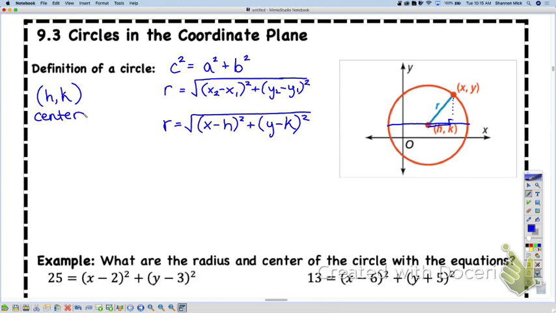And from here on out, anything I introduce to you, next year in pre-cal, calculus, if you go that far, every time I give you an equation, I will give you an H and a K and how it works, and it's going to work the same way with every single equation, no matter what it is. But this is just your introduction to that, okay? And X, Y is just a point on the circle.